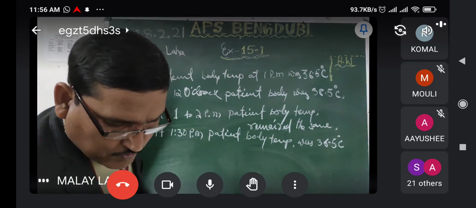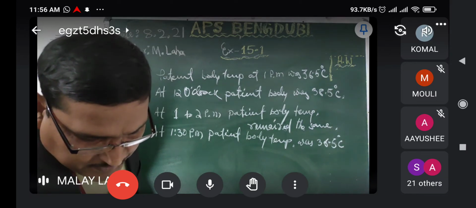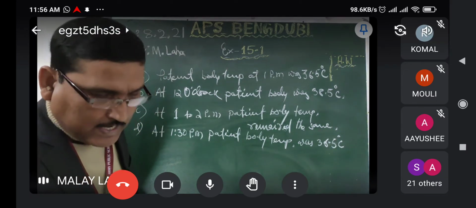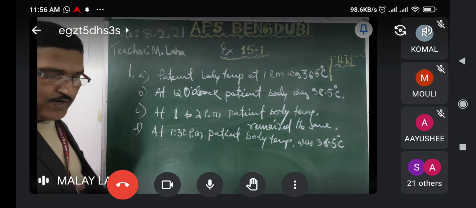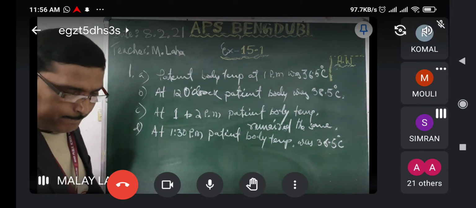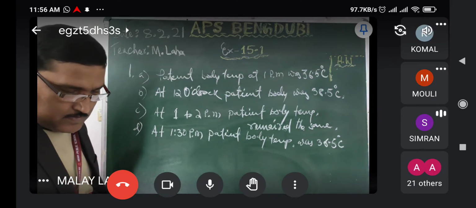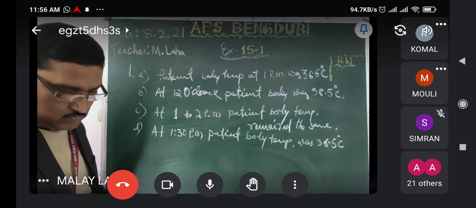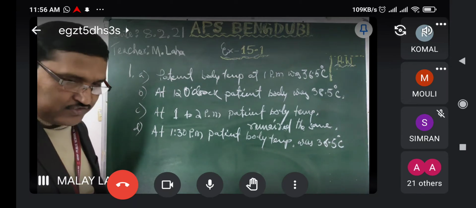Now, during which period did the patient temperature show an upward trend? Which periods?